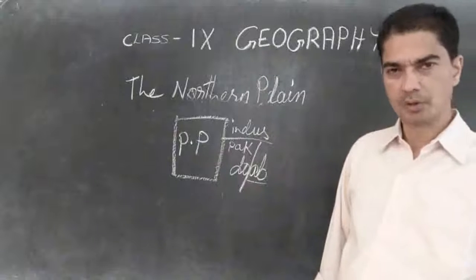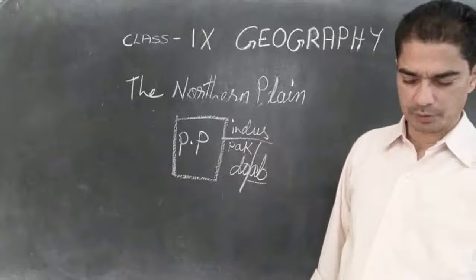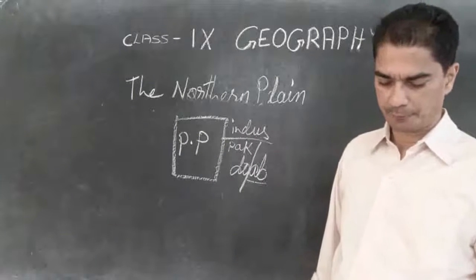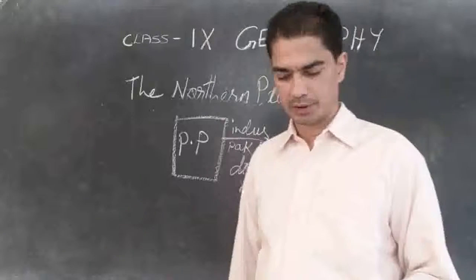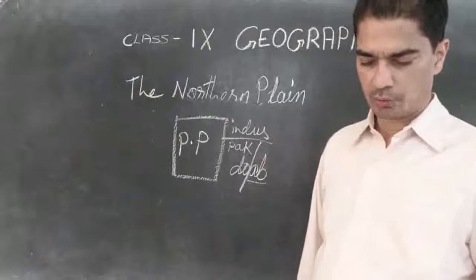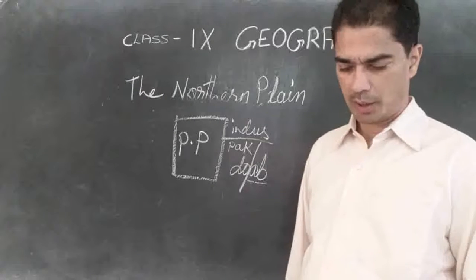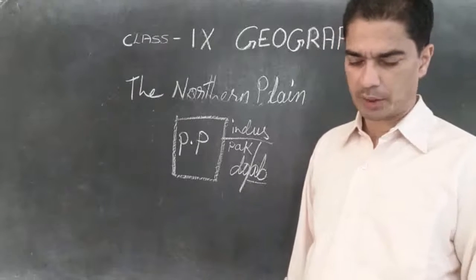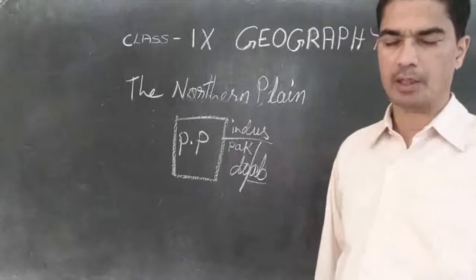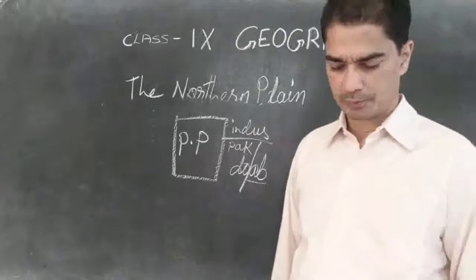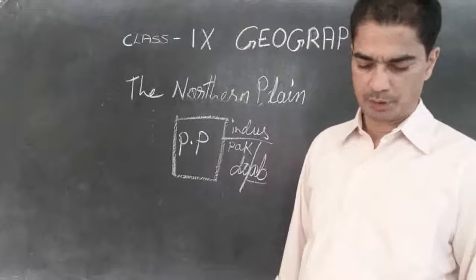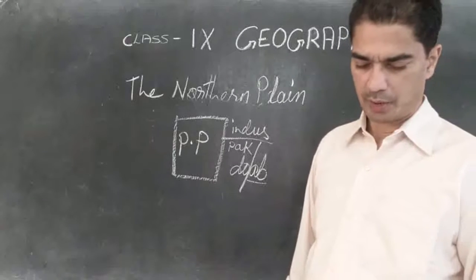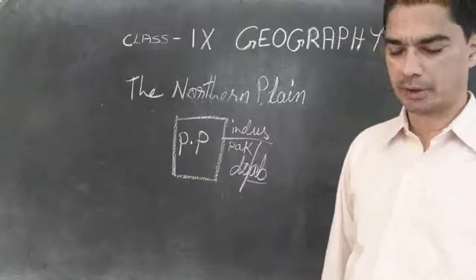Then you may be able to know about the different doabs there. So doab is made up of two words, do meaning two and ab meaning water. Similarly, Panchab is also made of two words, panch meaning five and ab meaning water.